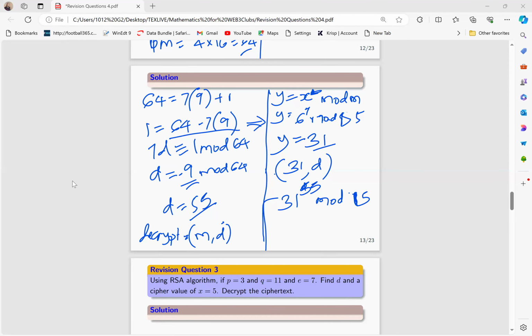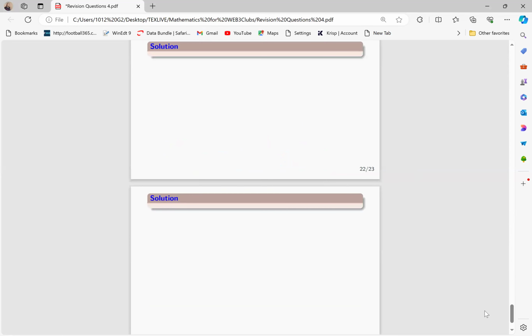So I should tell the people what my P and Q are. I chose two values for two primes.